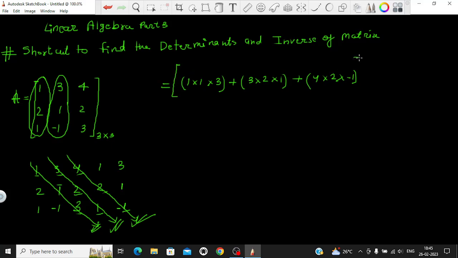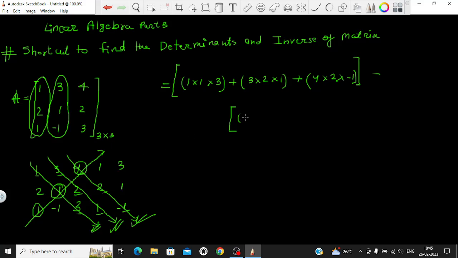So close the bracket. Now just write minus sign and multiply this upper arrow like that. It will start from here. What elements fall on this arrow? This element, this element, and this element.